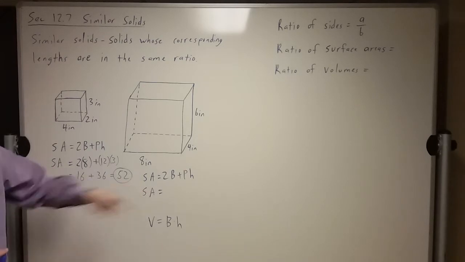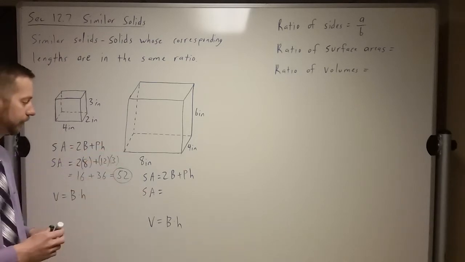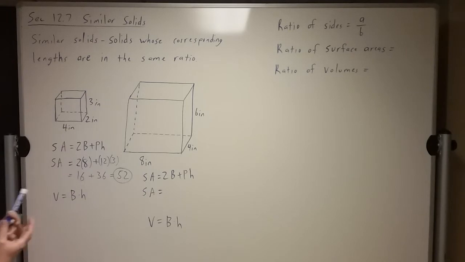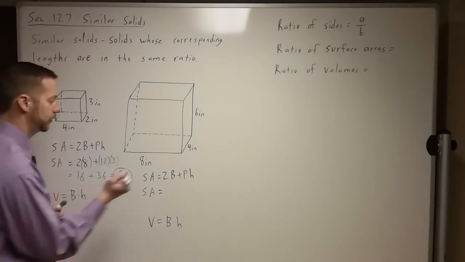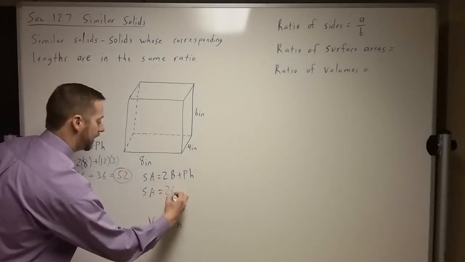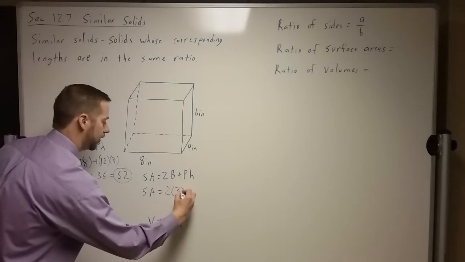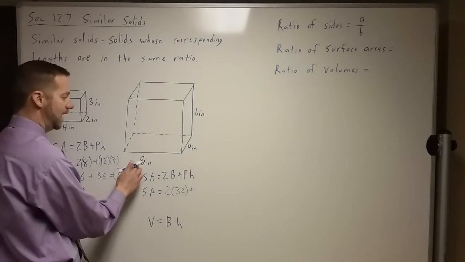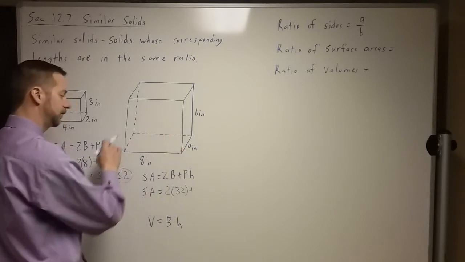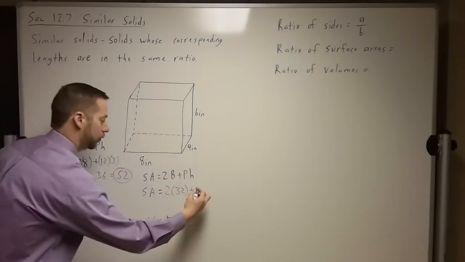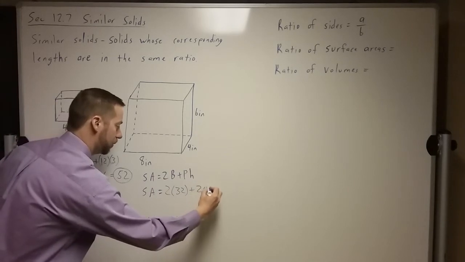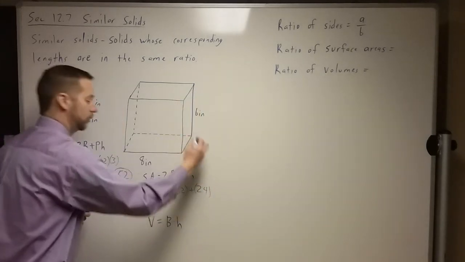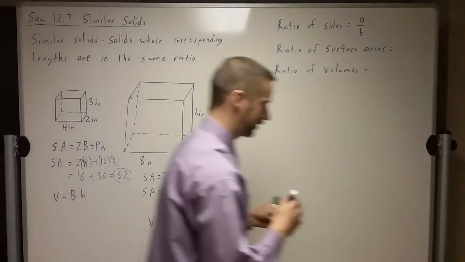Now let's find the surface area on our bigger one over here. Same exact formula, because it's still the same shape, a rectangular prism. 2 times the area of the base. Area of the base on this one is 8 by 4, so the area of the base is 32. Perimeter of the base on this one is 8 plus 4 plus another 8 plus 4, so that's 12, and then another 12, that's 24 for the perimeter of the base, times the height, which in this case is 6.